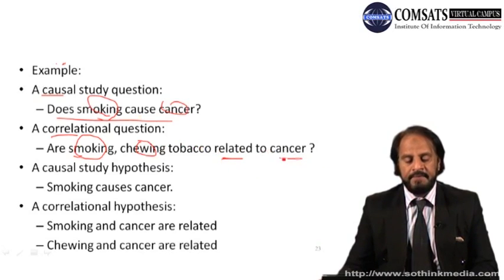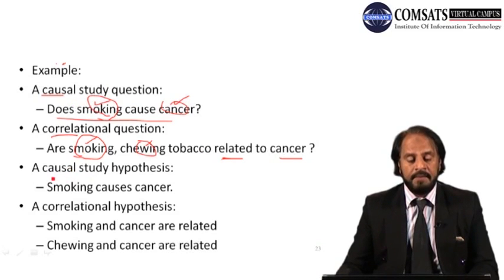So if a study is considering more than just one variable, and you're trying to consider different variables and their effect on your dependent variable, then that kind of study is considered a correlational study. On the other hand, if you're focused on just one variable and saying this is the cause of the dependent variable, then this study is considered a causal study.